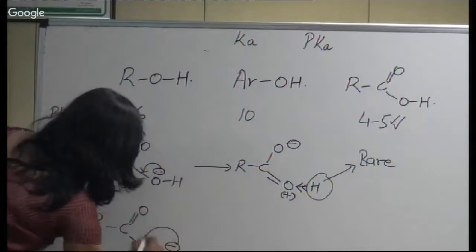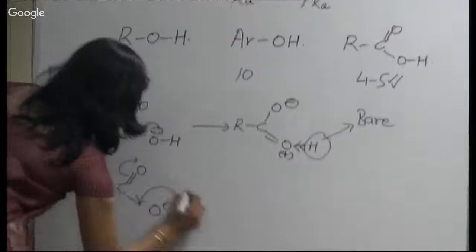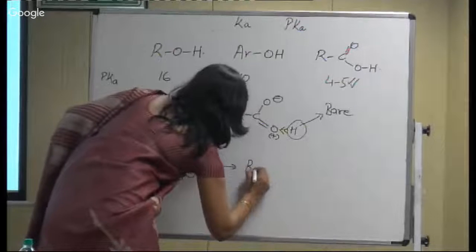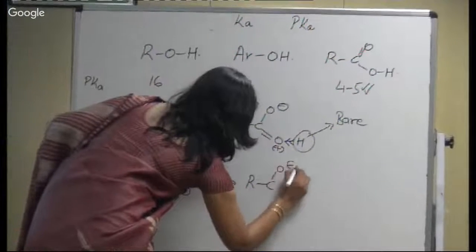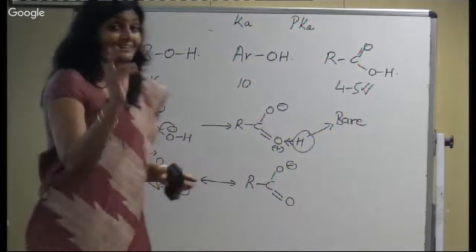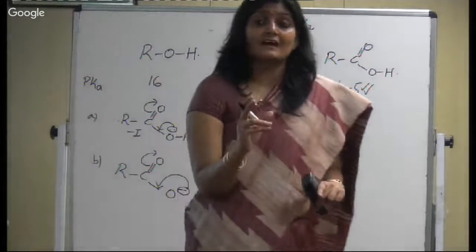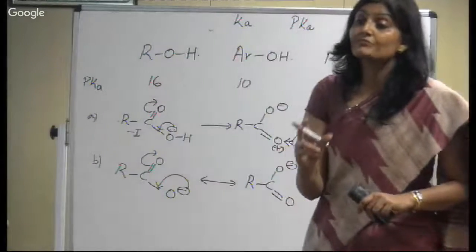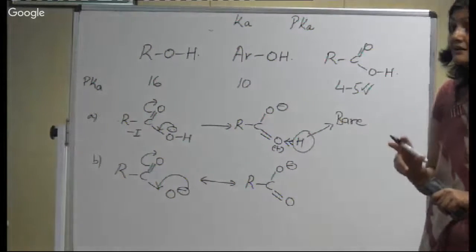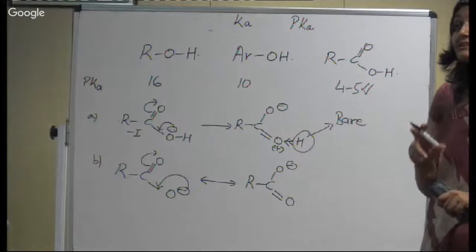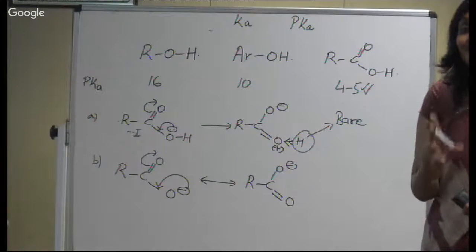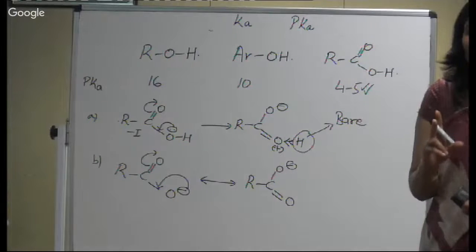This carboxylate ion is stabilized by resonance. The difference here is that the stability of the carboxylate ion is much higher than that of carboxylic acid, which is responsible actually for the acidity of carboxylic acid.